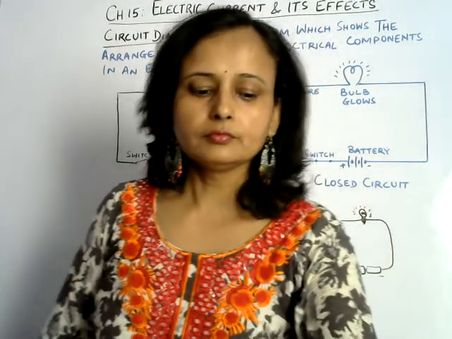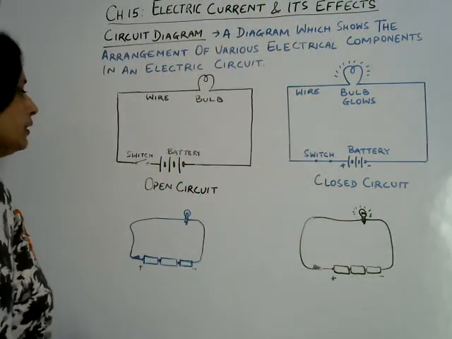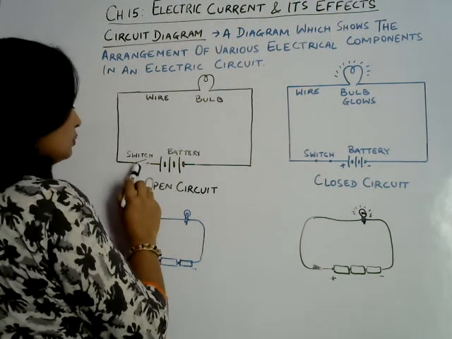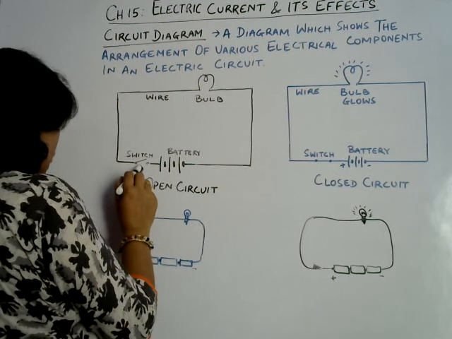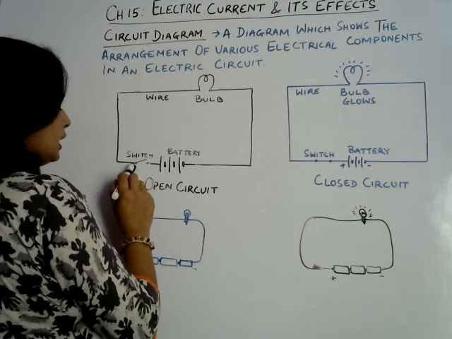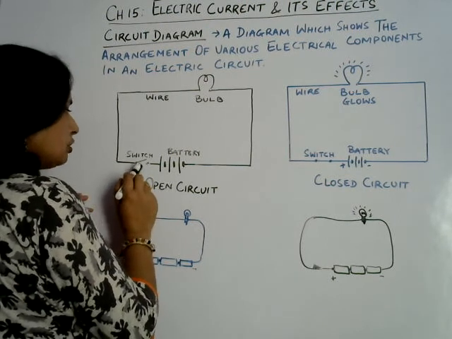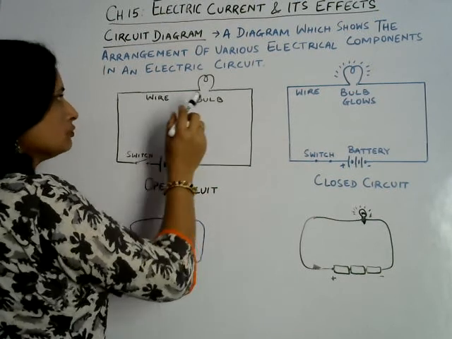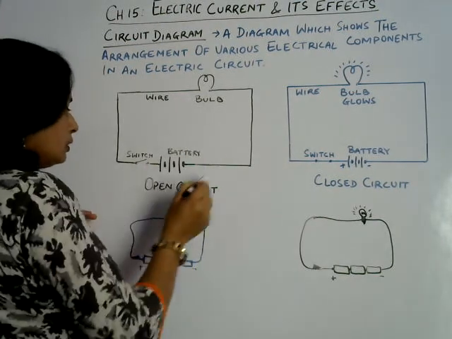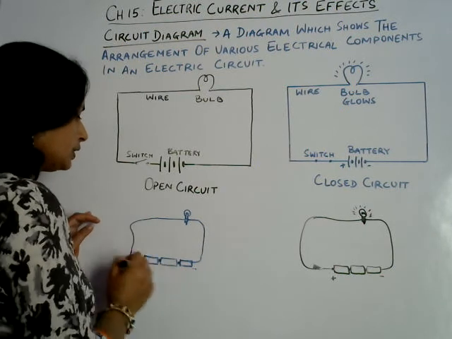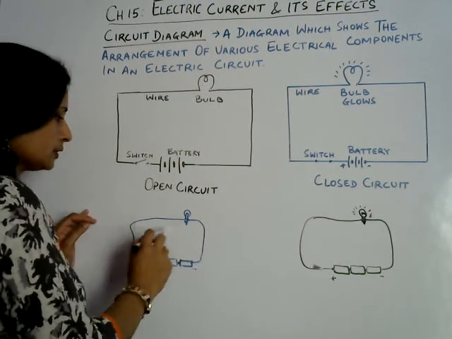Okay, so in a circuit diagram, when the switch is off, that means open circuit. Switch off means open circuit and the bulb will not glow. So this is the actual arrangement of the components of a circuit.